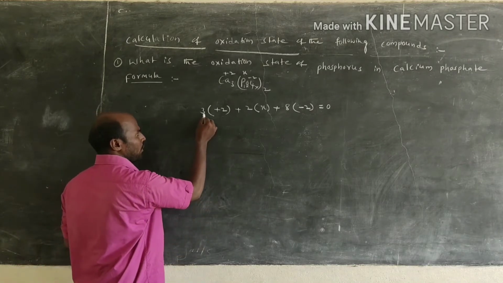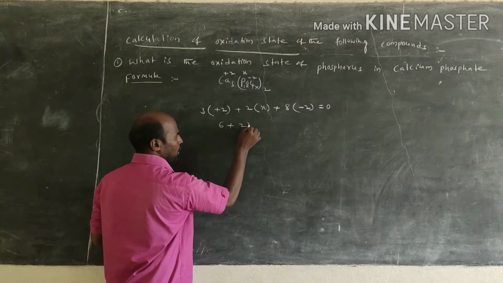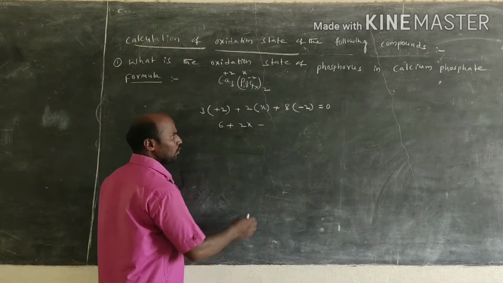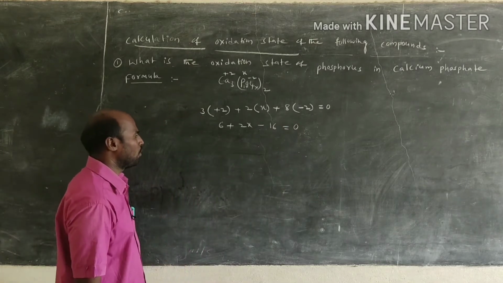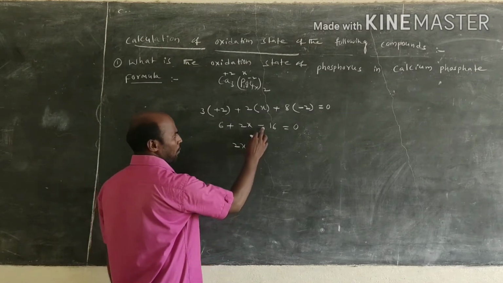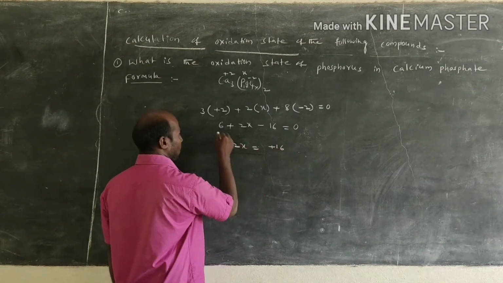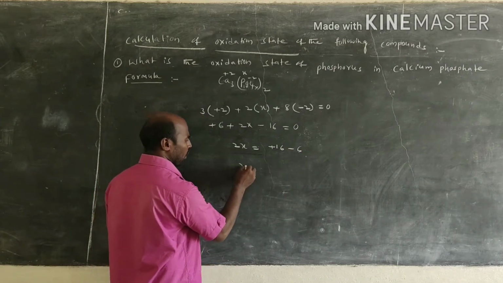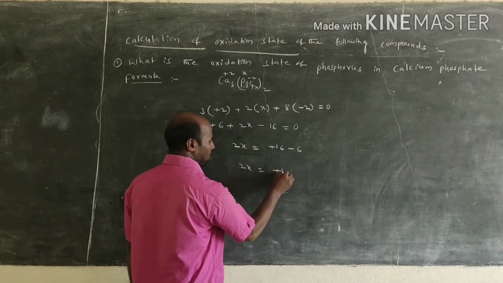So here 3 into 2 is 6, plus 2 into x, 2x plus 8 into -2 is -16, equal to 0. Now 2x is equal to +16 -6, which is +10.